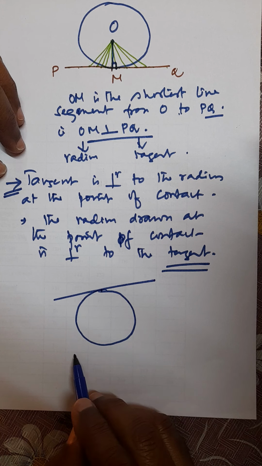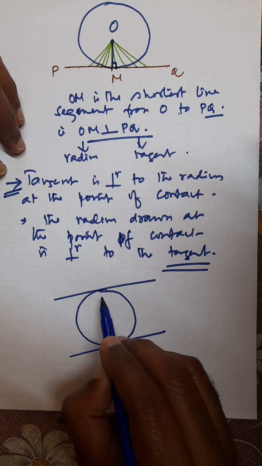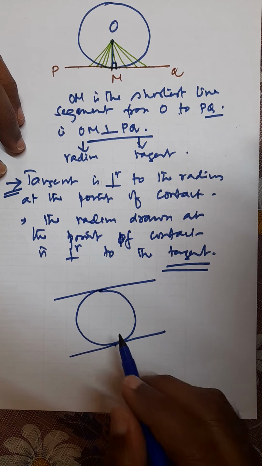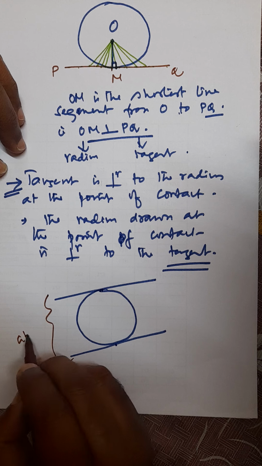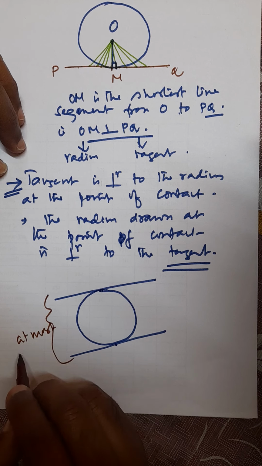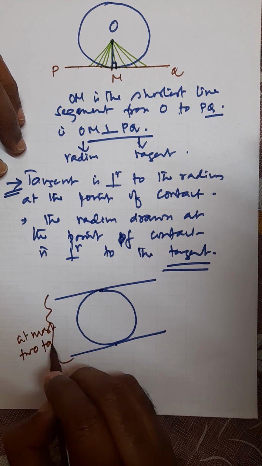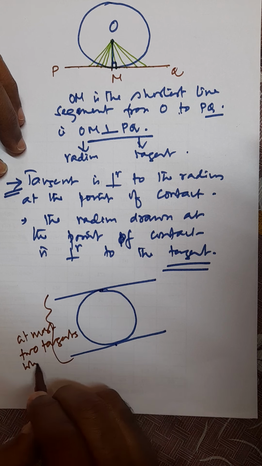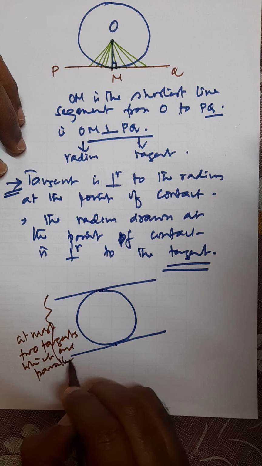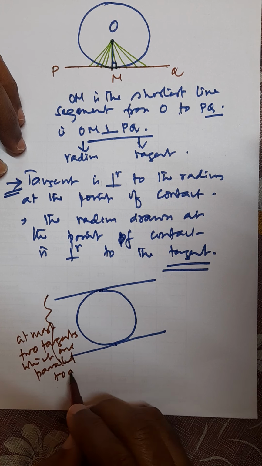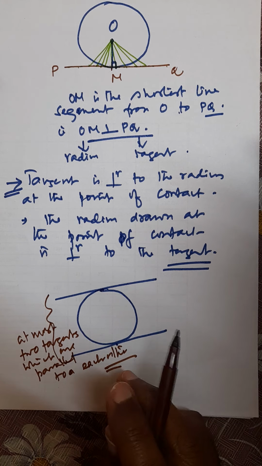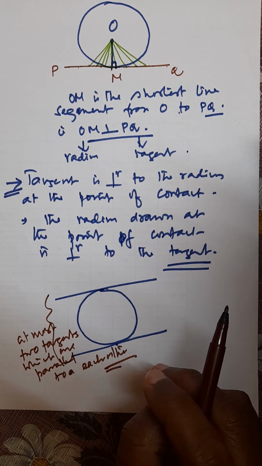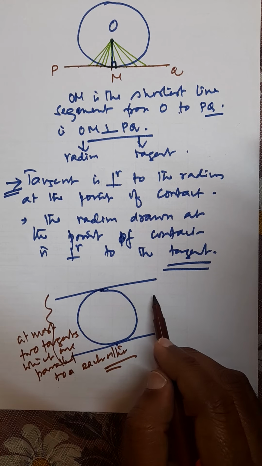To this tangent, if we draw a parallel, at most how many parallel lines we can draw as a tangent? At most 2 tangents which are parallel to each other. Okay, not more than 2, at most 2 parallel lines.